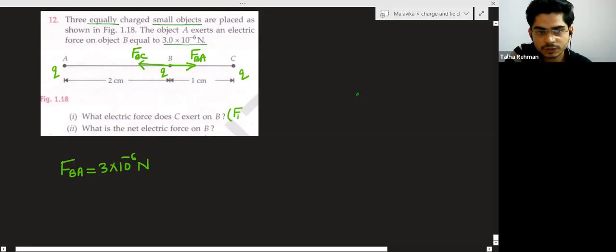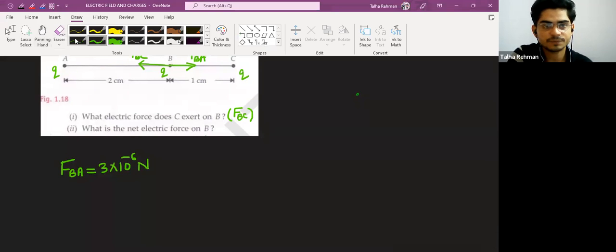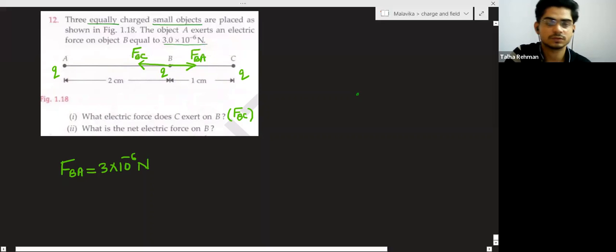For that we have to do some calculations.